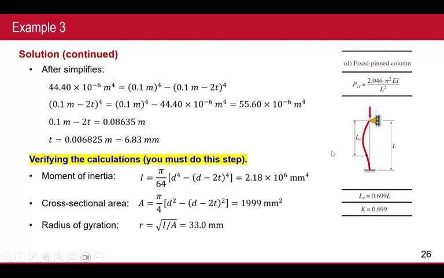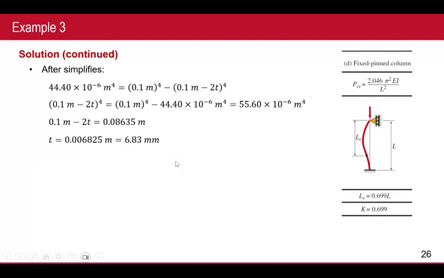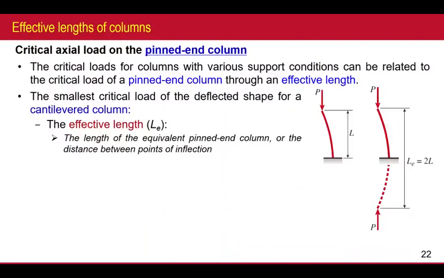But remember, we're not finished here, because we must verify. This result is for buckling. For buckling, we must check that Pcr or sigma cr should be less than the yield strength. I mentioned this all the time.